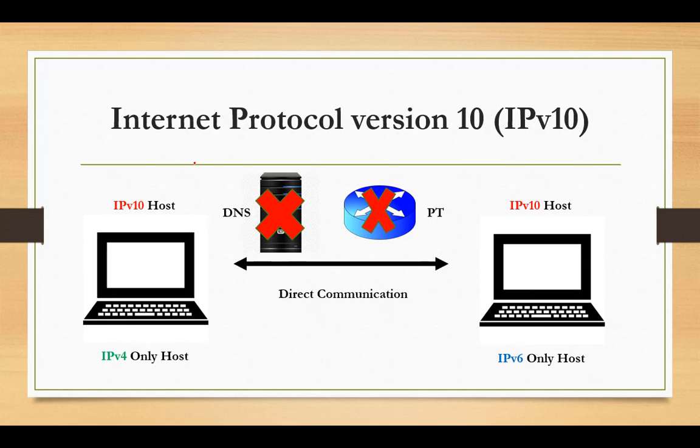So we are going to discuss the solution that we are explaining and presenting in this presentation. It's IPv10. As you can see, IPv10 allows direct communication between IPv4 only hosts and IPv6 only hosts without DNS, without protocol translation.